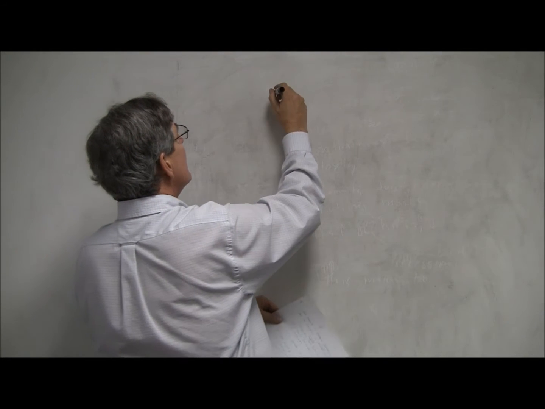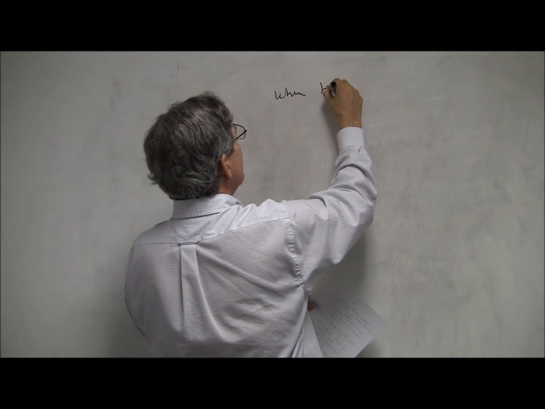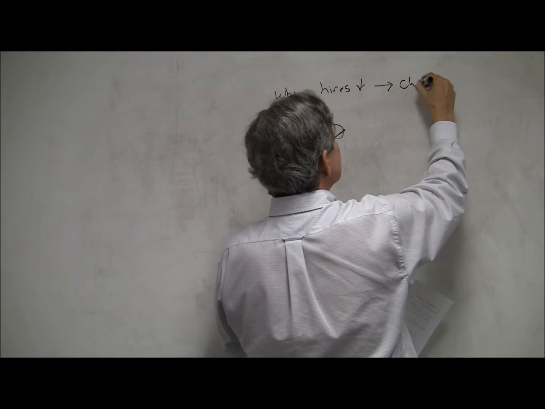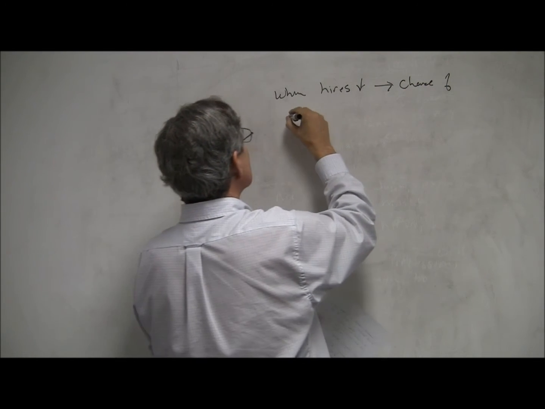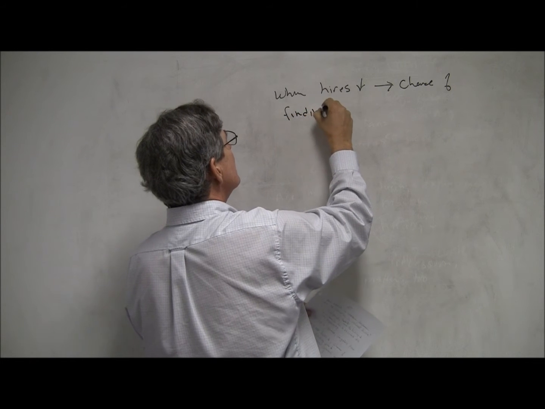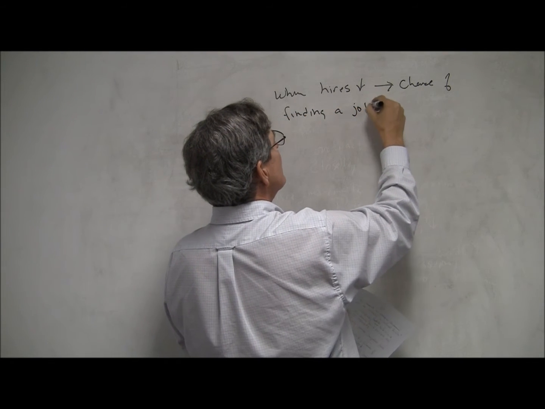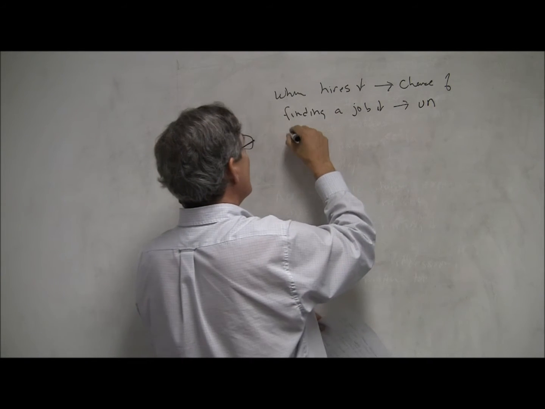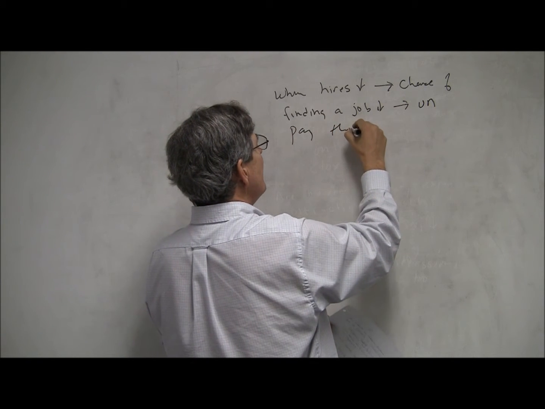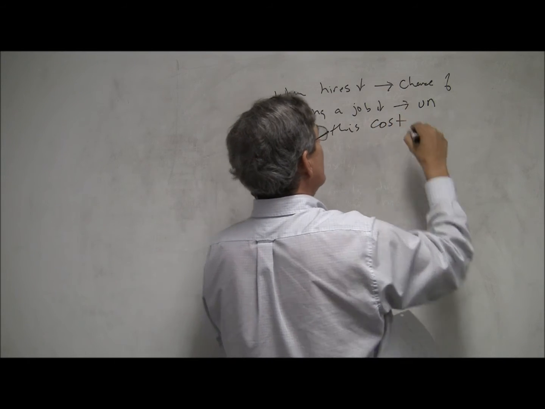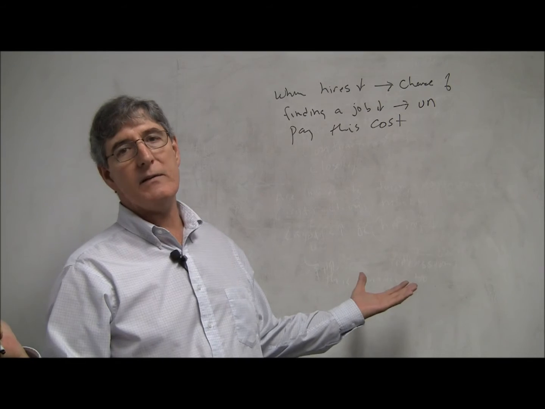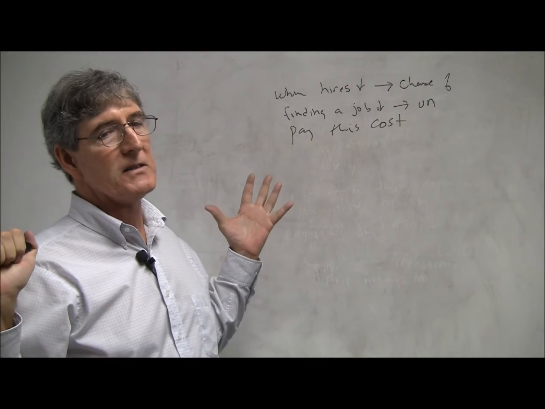When hires go down, the chance of finding a job goes down. And so the unemployed pay this cost. If you're unemployed and the hiring rate goes down, then you're the one paying the cost because it's less likely. Some of those unemployed that would have gotten a job don't because they're hiring fewer people.